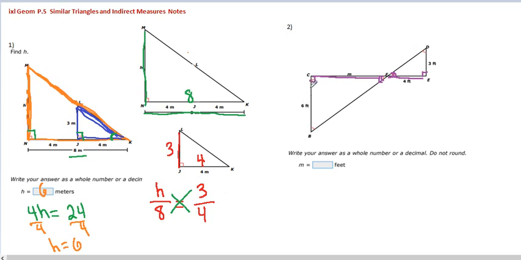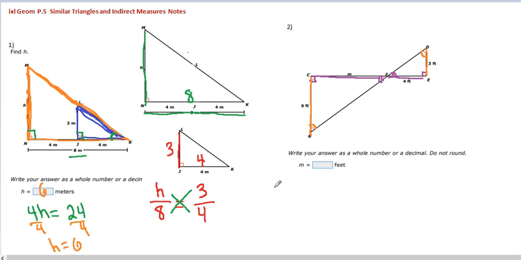These two measurements look like they go together, but you always want to double check. This side is between the right angle and the angle with the 1 tick mark, and this one also has the right angle and the 1 tick mark. So that ensures that this measure goes with this measure.